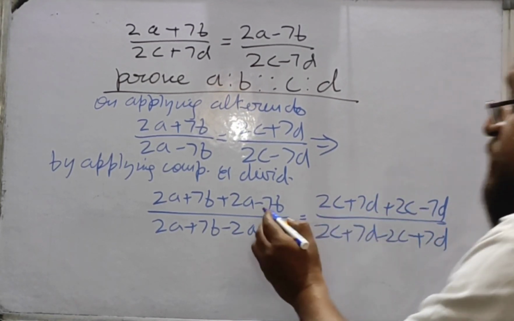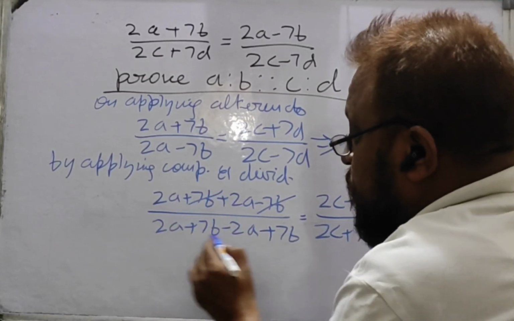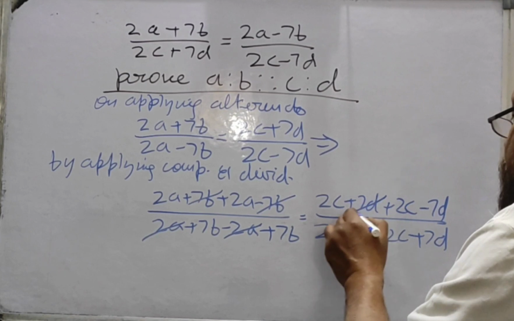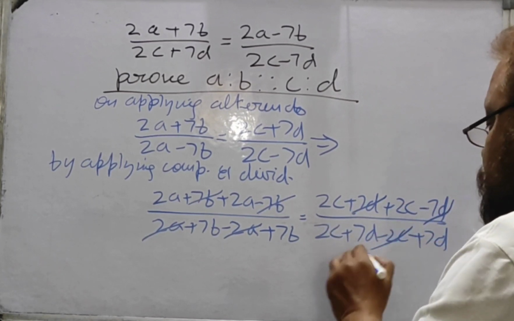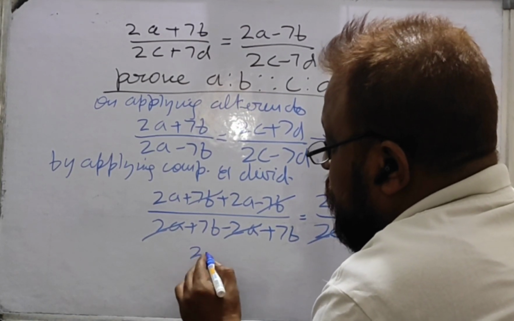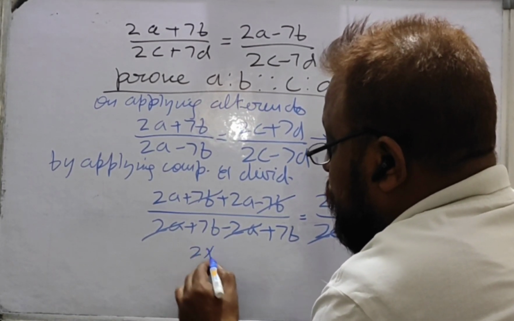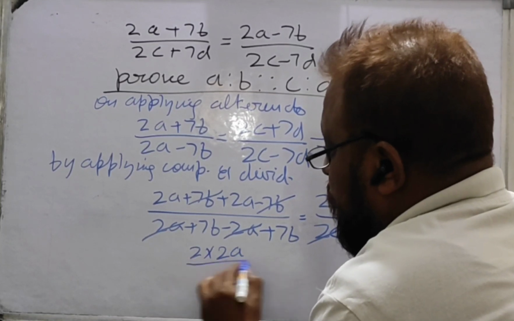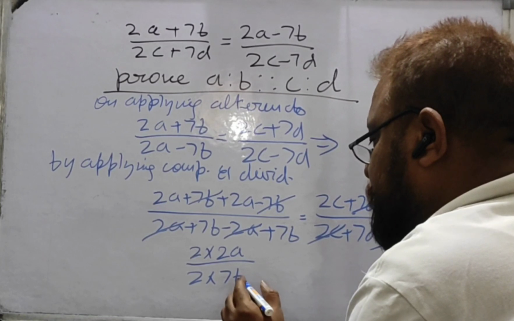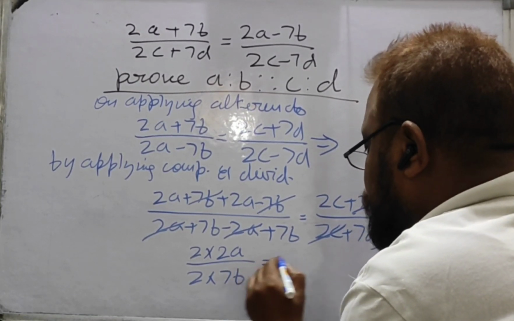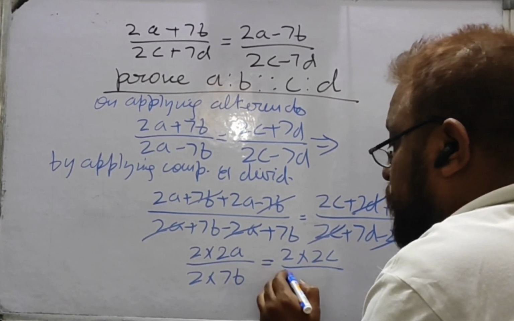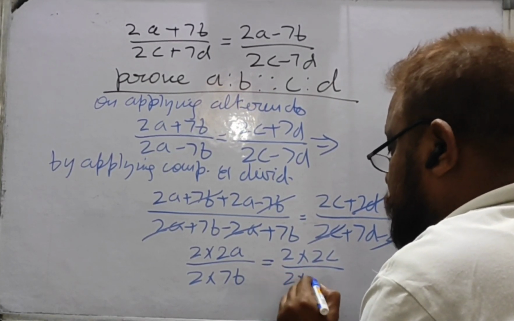So plus minus 7b cancel out, plus minus 2a cancel out, plus minus 7d cancel out, plus minus 2c cancel out. So you get 2 into 2a upon 2 into 7b is equal to 2 into 2c upon 2 into 7d.